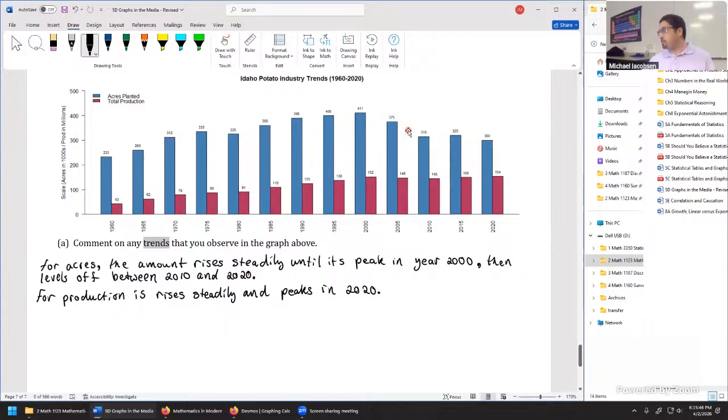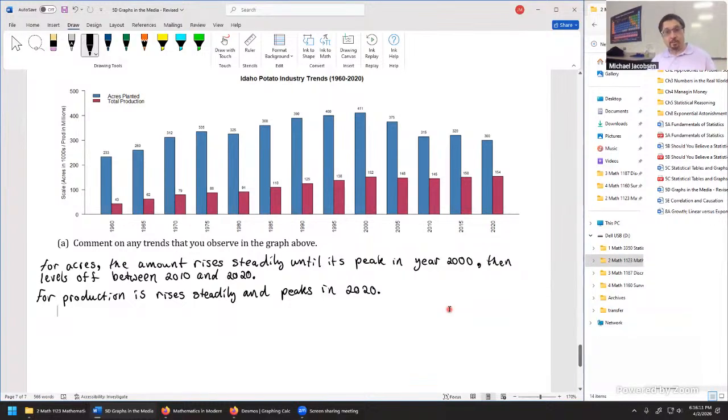So even though acreage planted has gone down by a lot in some of these years, production was just still steadily increasing. So something new happened, probably different technology, different pesticides, different kinds of fertilizers, and all sorts of things were being developed here to keep production going up, despite acreage planted actually going down.